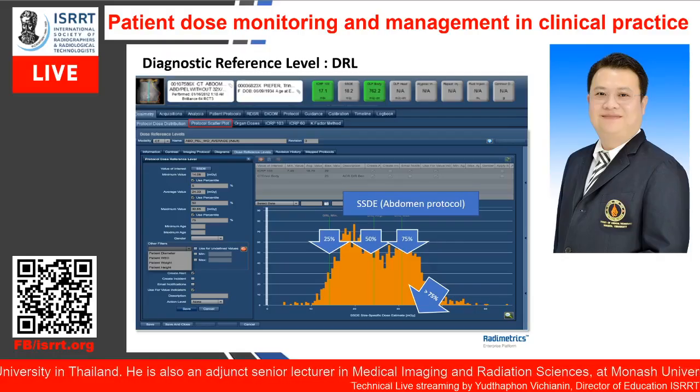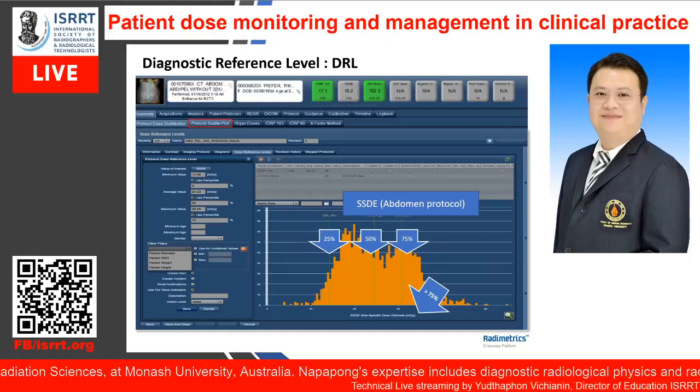For example, in this case, if we plot SSDE, size specific dose estimate, or we plot CT dose index volume, we plot from the lowest figures up to the highest figure. DRL is the 75th percentile, or the point that is 75% of the way up.